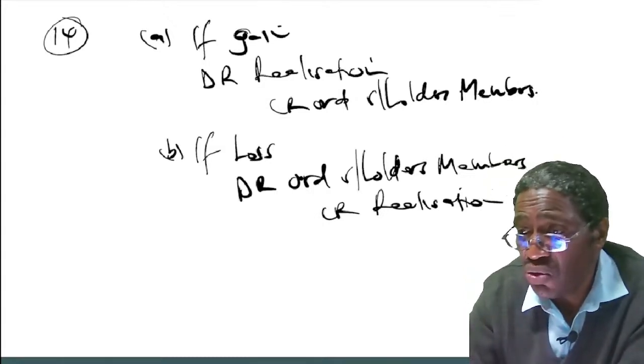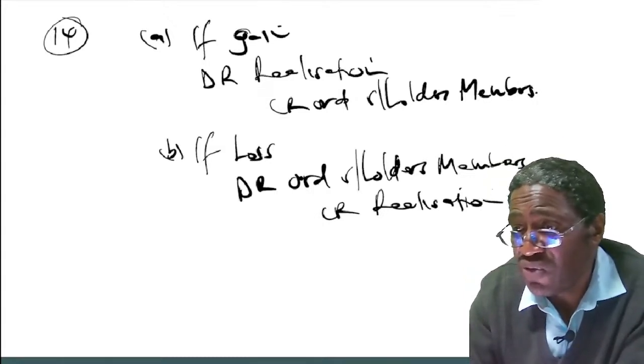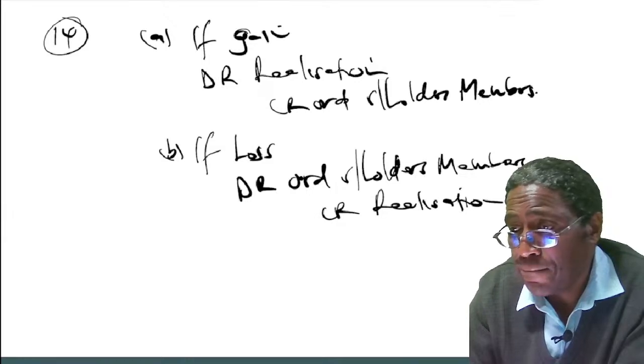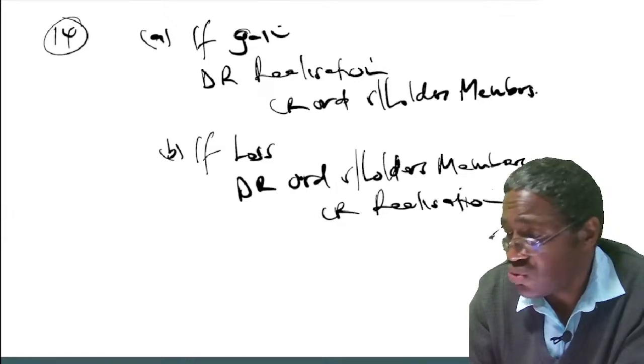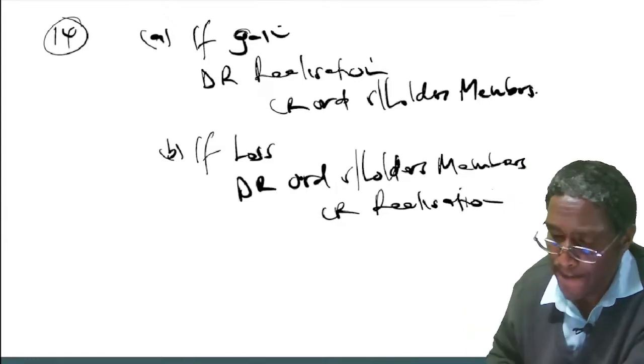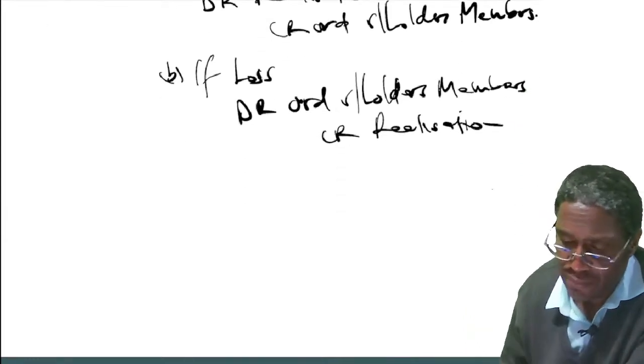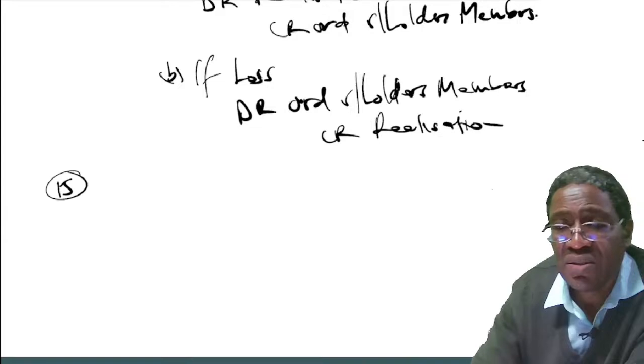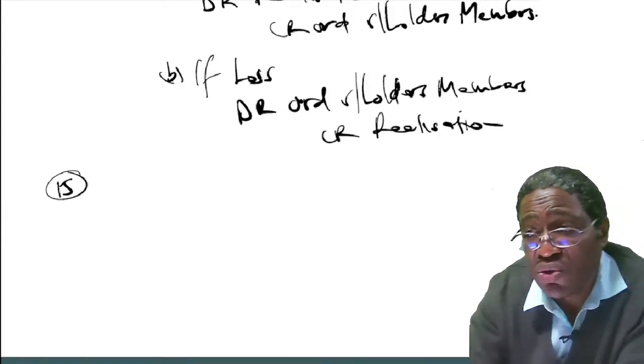So finish, we go to the last one, number 15. I told you the last person to be paid is who? The ordinary shareholders.